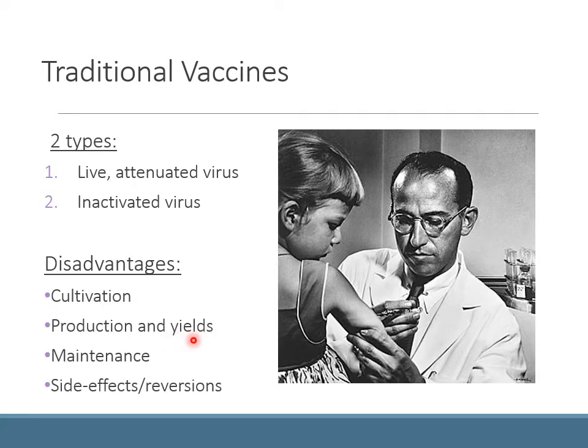If yields are low, again, that takes lots of material and time and labor. Maintenance of those stocks of vaccine is also required. Usually they need to be kept at cold temperatures, which can be a problem in some countries, and there can be side effects using these traditional approaches.